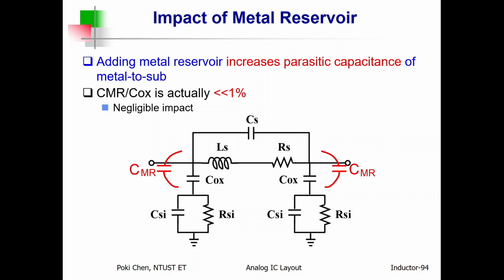You need to pay for it because you have extra layout for such kind of reservoir. Then a little bit more parasitics here, but after measurement, you can see less than 1% increase in such kind of parasitic capacitance. So not much impact on the overall performance, right? About the same performance, but the lifespan is 3 times longer than before.